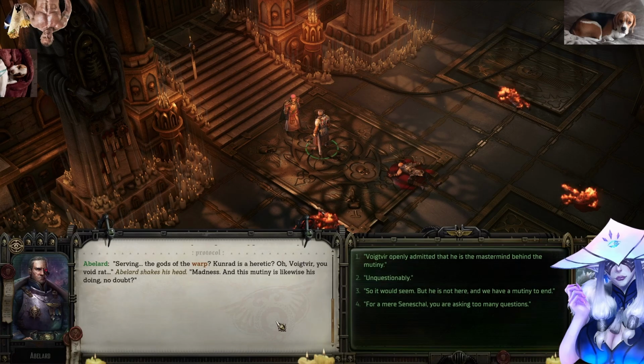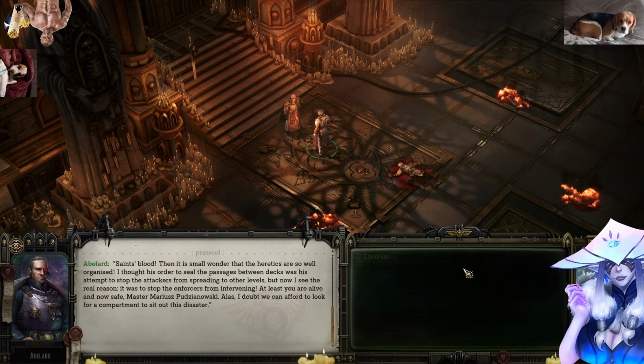Madness. And this mutiny is likewise his doing, no doubt. Voigtfear openly admitted he's the mastermind behind the mutiny. Saint's blood! Then it is small wonder that the heretics are so well organized. I thought his order to seal the passages between decks was his attempt to stop the attackers from spreading to other levels. But now I see the real reason. It was to stop the enforcers from intervening. At least you are alive, and now safe, Master. Alas, I doubt we can afford to look for a compartment to sit out this disaster.